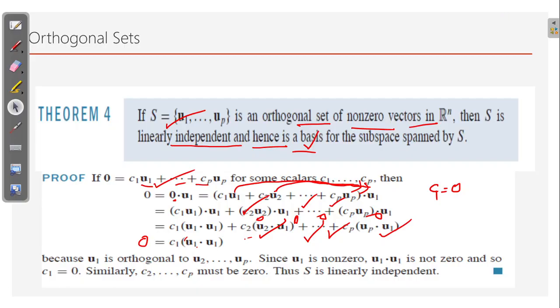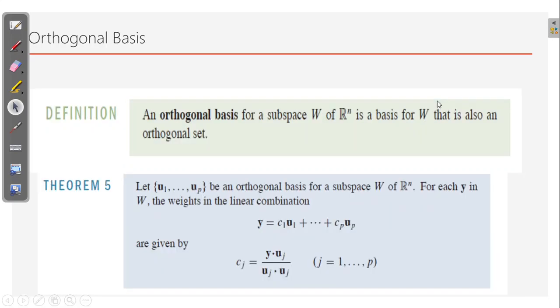Okay. Then we are moving on to the definition of an orthogonal basis. What do you mean by an orthogonal basis?